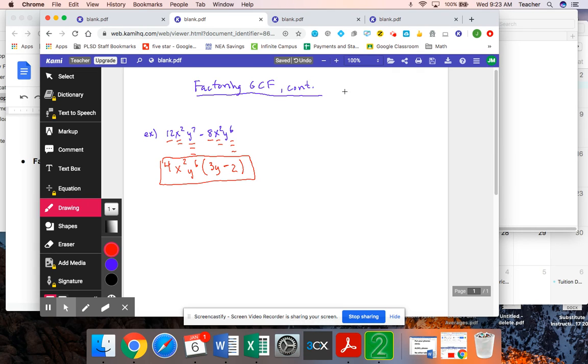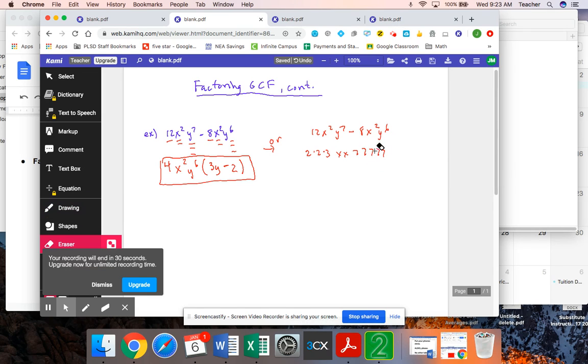You may do that. Now with the time left, I'm going to see if I can do this the long way, just for those of you who need to see that. 12x squared y to the 7th, and I may run out of time, so I'm going to speed up here. 12 can be written as 2 times 2 times 3, x, and then 7 y's: 1, 2, 3, 4, 5, 6, 7.